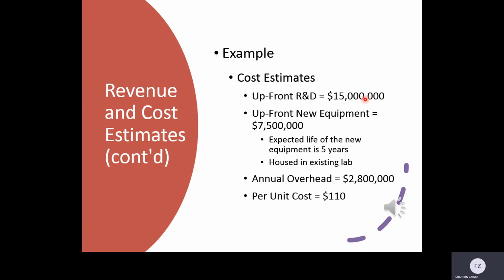In order to ensure the compatibility of the new consumer appliances with the HomeNet system, Linksys must also install new equipment that will require an upfront investment of $7.5 million.